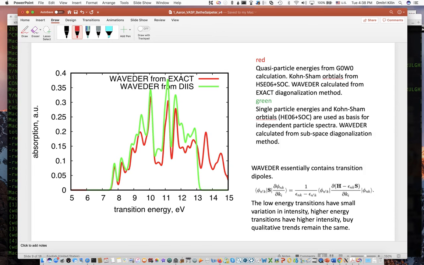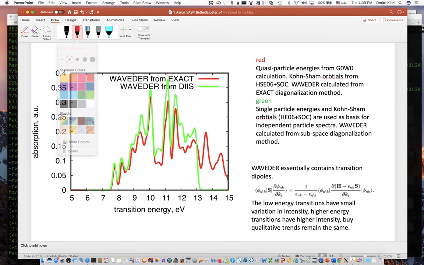So this was just a test because the VASP instructions recommend doing the calculations using an exact algorithm, which is the red line, compared to a normal optimization, which is done with the so-called DIIS algorithm.